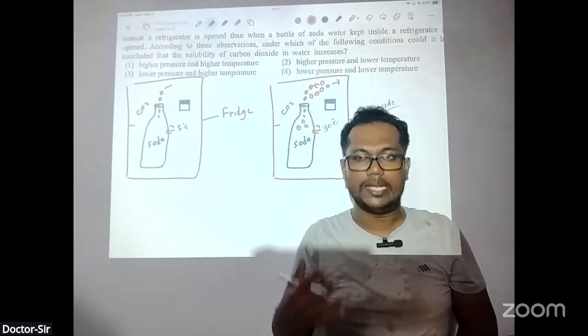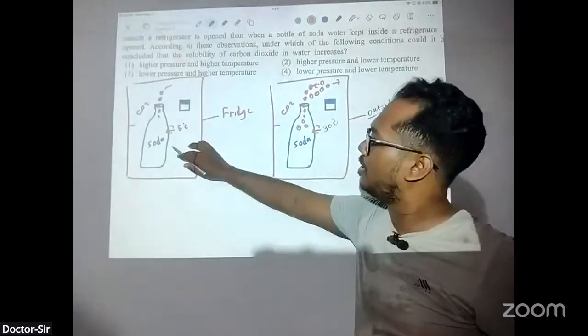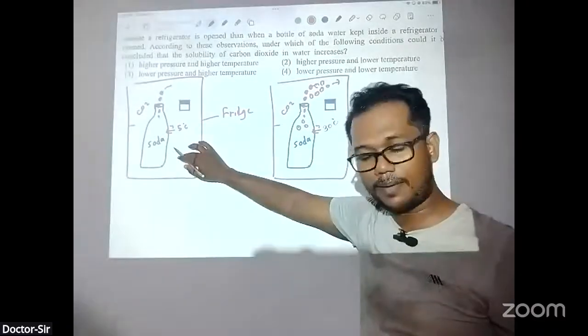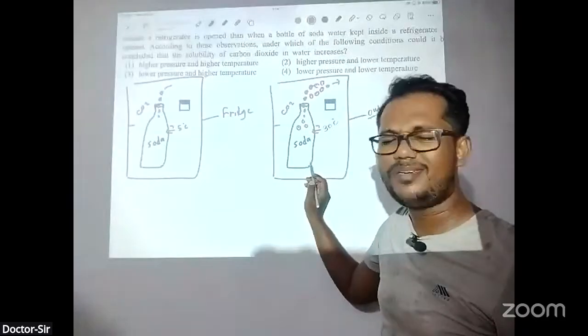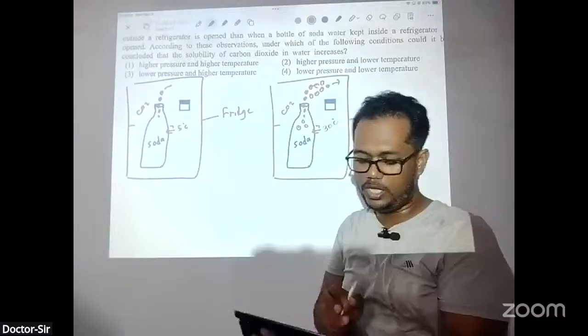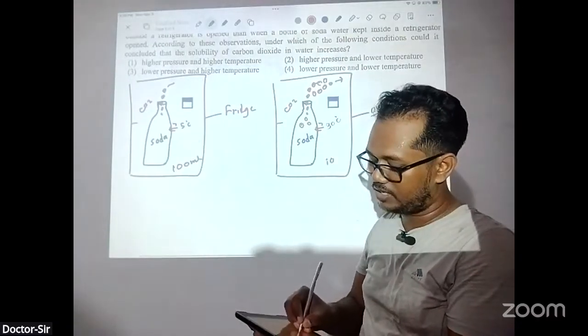Usually carbonated drinks. Okay. Now, in this bottle there is the same amount of carbon dioxide, the same amount of carbon dioxide. Why? When the company makes it, if you take a 100 milliliter bottle, you apply, say, 25 milliliter CO2 to a 100 milliliter bottle.